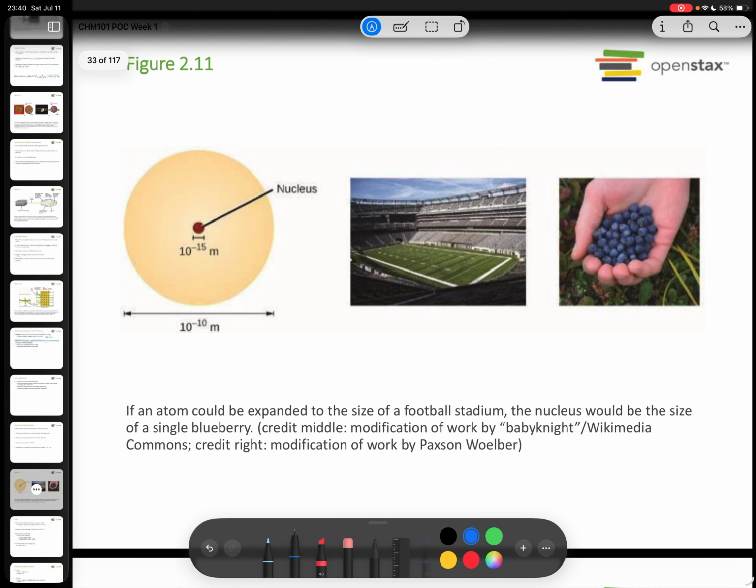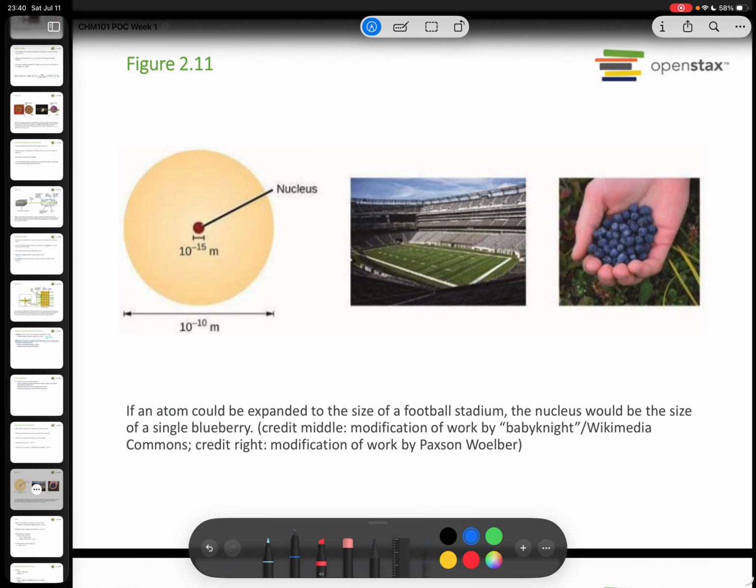Ito yung figure kanina, no? Indicating yung nucleus. This analogy helps us, no? Imagine yung scale. If an atom were enlarged to the size of a football stadium, imagine nyo daw yung atom, football stadium siya, yung nucleus would be about the size of a blueberry doon sa sentro ng stadium.